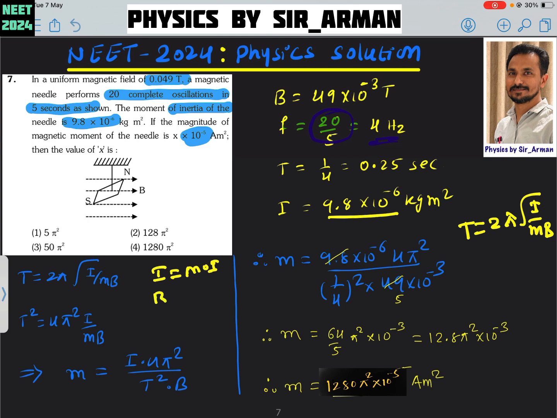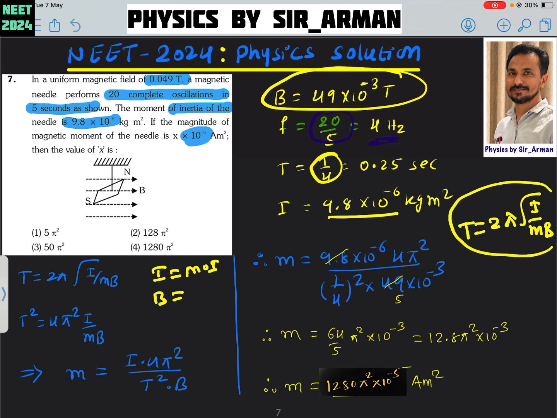The magnetic field is 49 into 10 raised to minus 3 Tesla. And the time period T: the frequency is 20 oscillations by 5 seconds, which is 4 Hertz, so the time period will be 1 by 4 seconds, that is 0.25 seconds. So we have all the data.